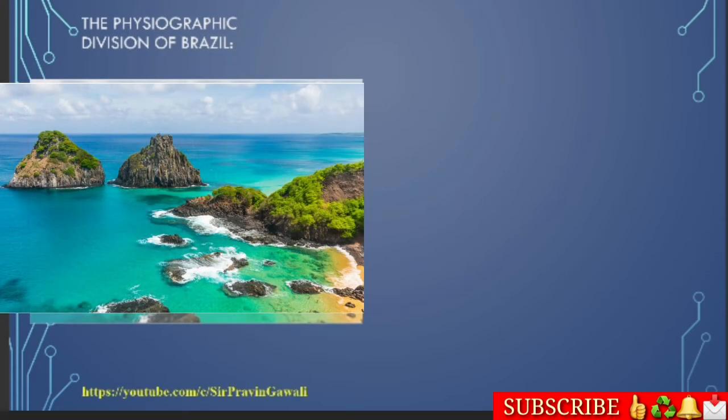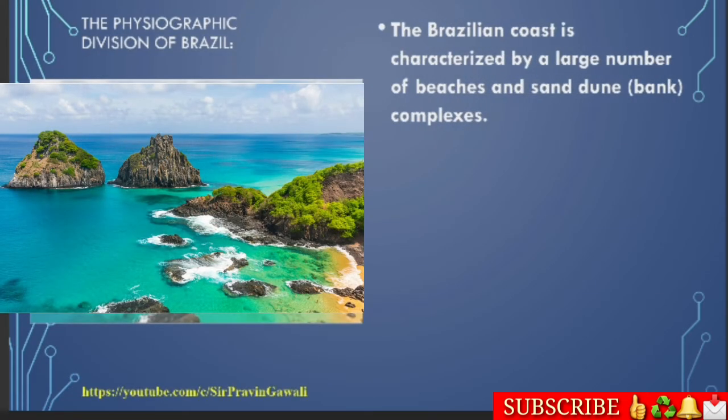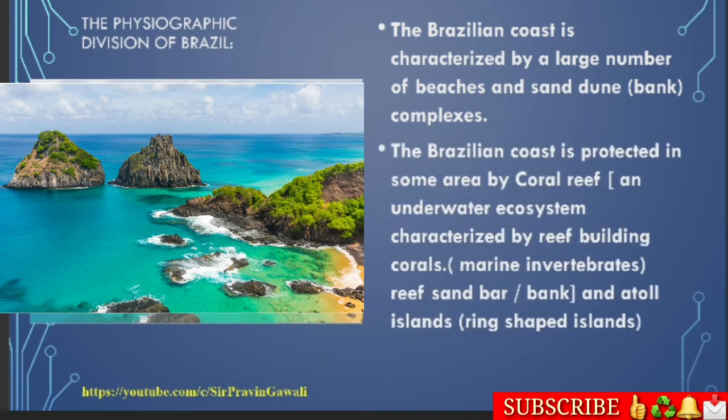Now students, let's try to understand some of the important characteristics of the Brazilian coast. The Brazilian coast is characterized by a large number of beaches and sand dunes. Dunes means banks. Now students, the Brazilian coast is protected in some areas by coral reefs. Students, what do you mean by coral reef?